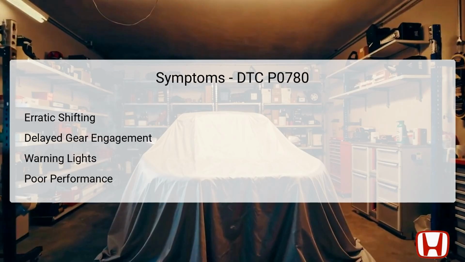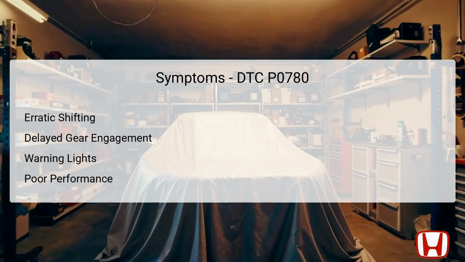Symptoms stemming from DTC P0780 can significantly affect vehicle operation. Erratic shifting is often the most noticeable issue, where the transmission might struggle to change gears smoothly or abruptly shift without driver input. There may be a noticeable delay in gear engagement, particularly when accelerating from a stop.